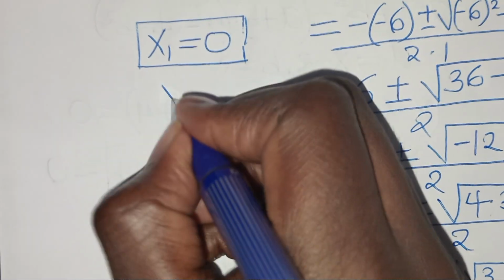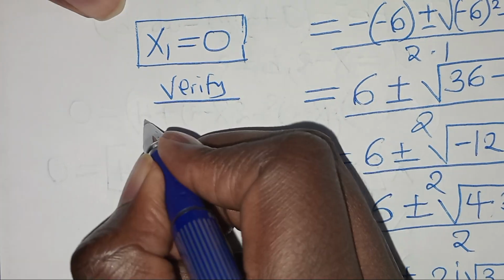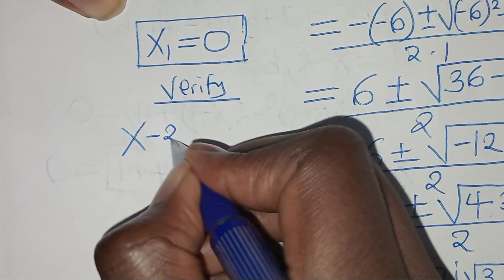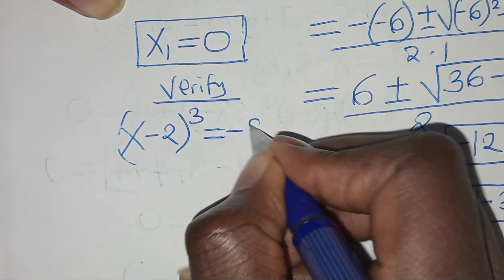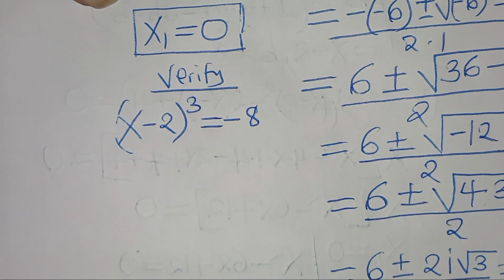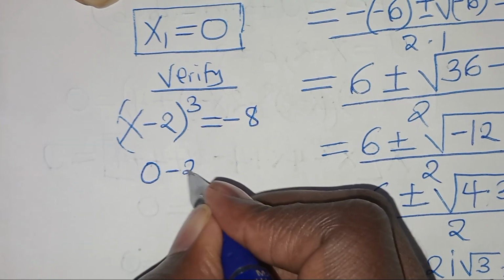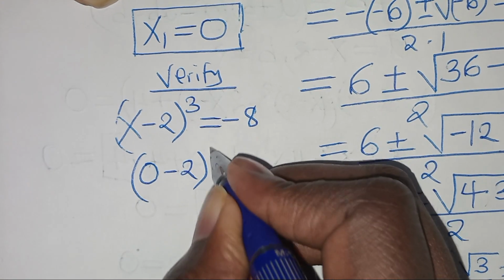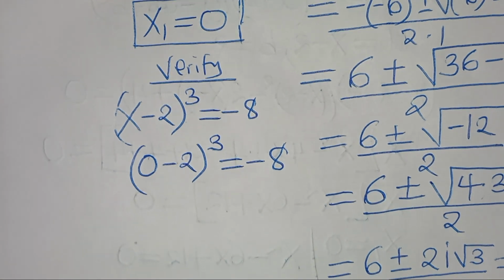So we can verify here. If you recall, we have that (x - 2)^3 is supposed to give us a value of -8. Substituting x, which is equal to 0, (0 - 2)^3 is supposed to give us a value of -8.